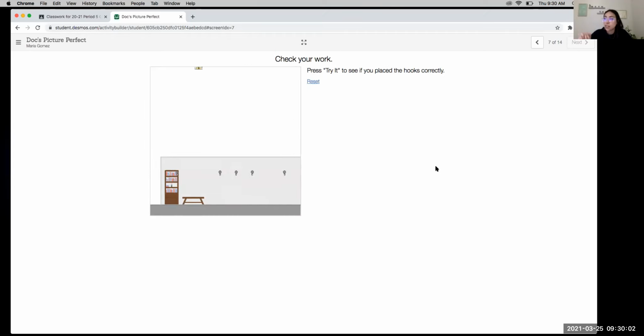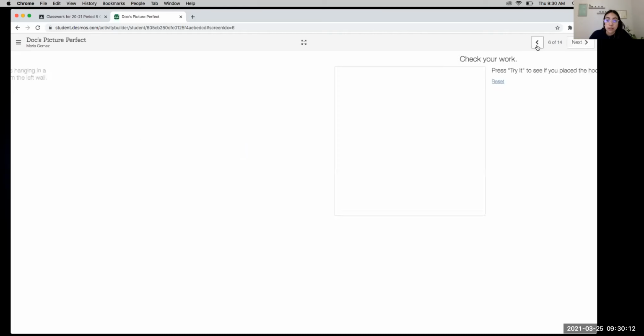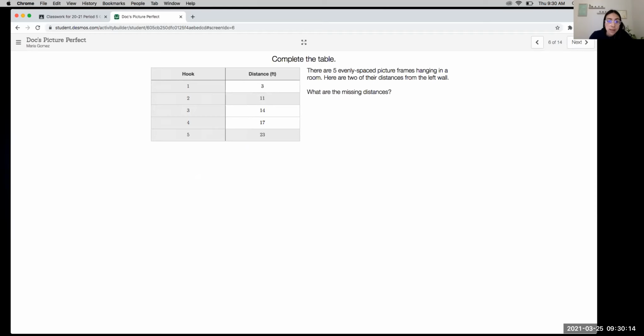If your frames didn't fall nicely, then we know we did something wrong and our spacing is incorrect. So I'm going to go ahead and, yeah, the majority of you guys figured it out. So one strategy that a lot of you did was just continue to add consistently by some numbers.